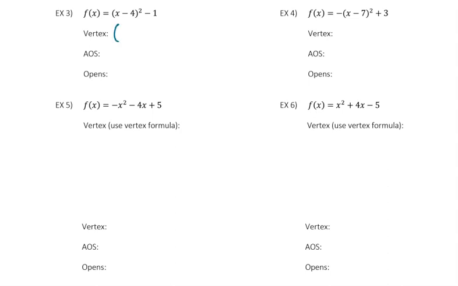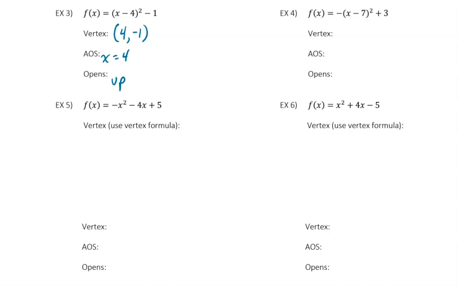So remember, for the x, we do flip the sign of whatever's there, so it's x minus 4, so it's going to be a positive 4, comma, the number on the outside, so negative 1. Axis of symmetry is going to be x equals 4, because that was our x value. And then since it is positive on the outside of the parentheses, it is going to open up.